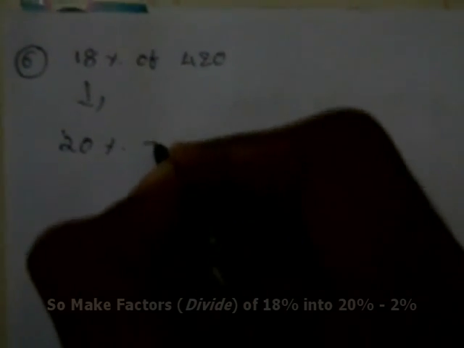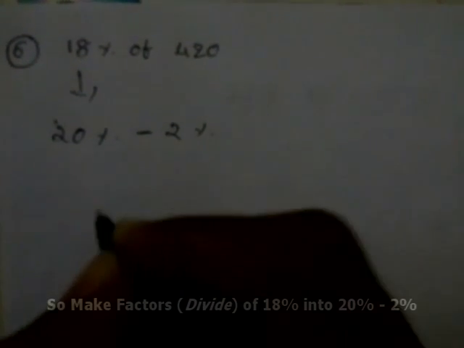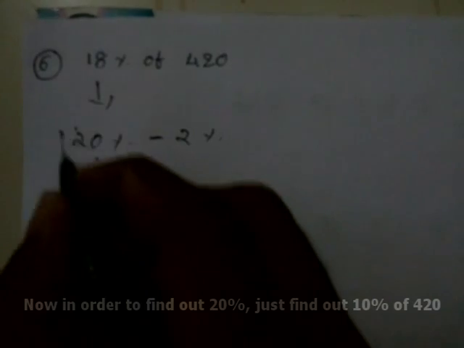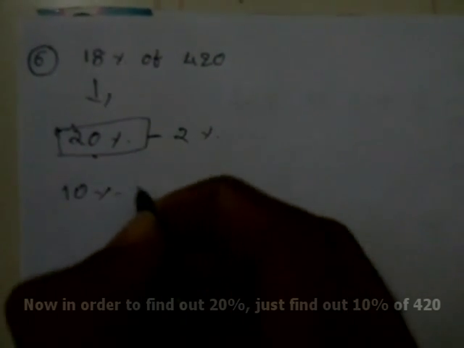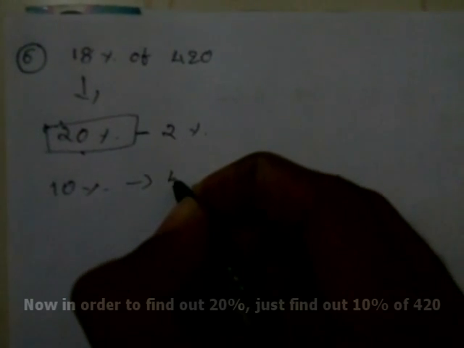Now let's see how to find out 18% of 420. So divide 18% into 20% minus 2%, right? Now in order to find out 20%, just find the 10% of 420, which will be 42, and 20% is the double of 10%.